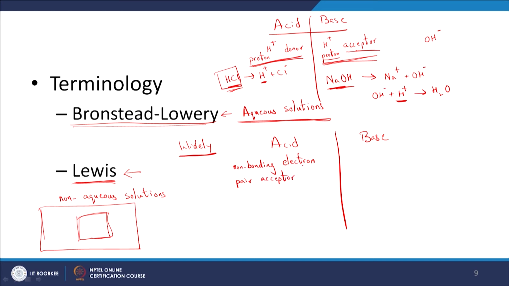So an acid is one which would accept a pair of non-bonding electrons, and in the same way a base is a non-bonding electron pair donor. So an acid is one that will accept a pair of electrons, and a base is one that would donate a pair of electrons, a non-bonding pair again. So this is one example, I guess.